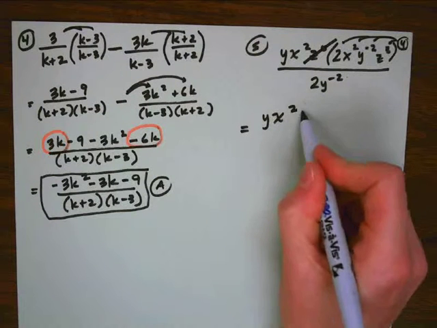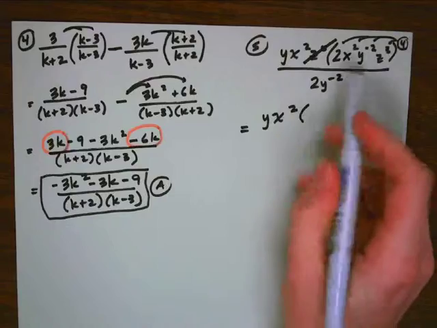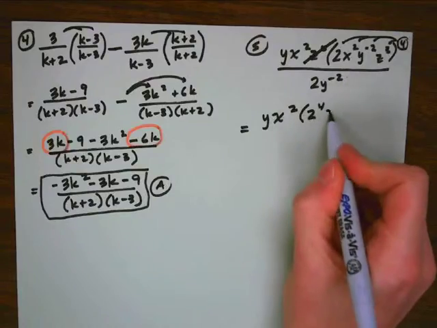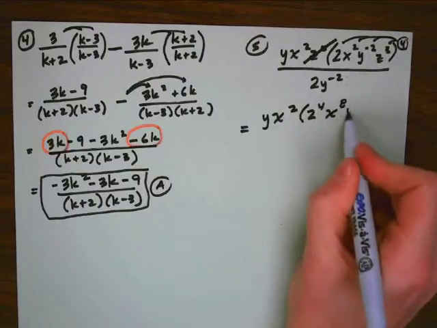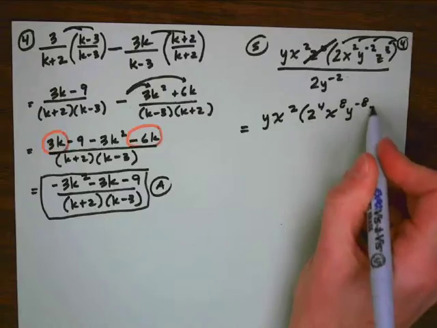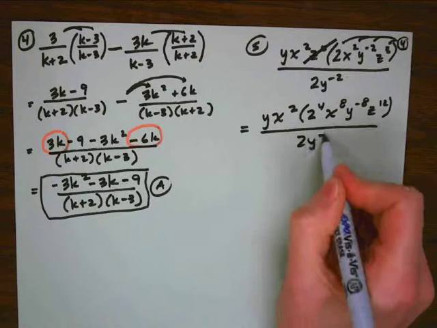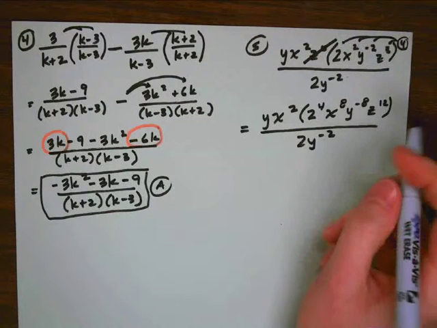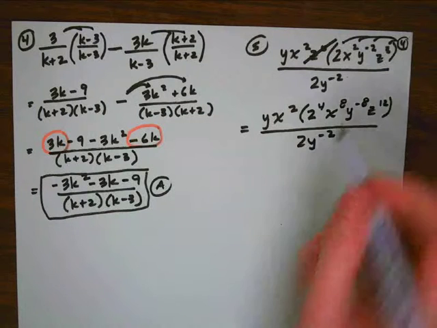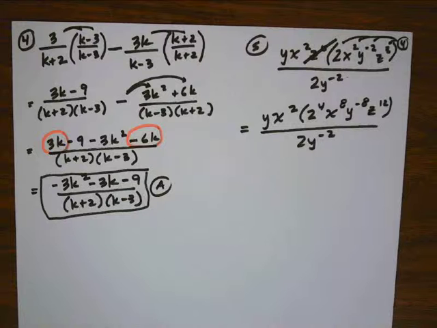the parentheses. And so what we're left with is 2 to the 4th power, x to the 8th power, y to the negative 8th power, and z to the 12th power. And then we still have that 2y to the negative second in the denominator. So next we want to go through and combine anything that has the same base.